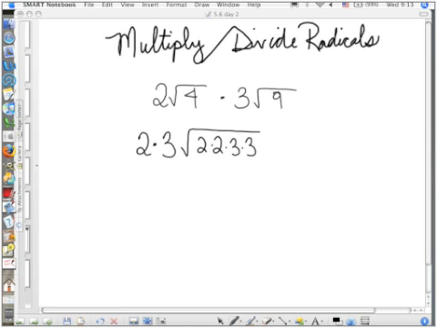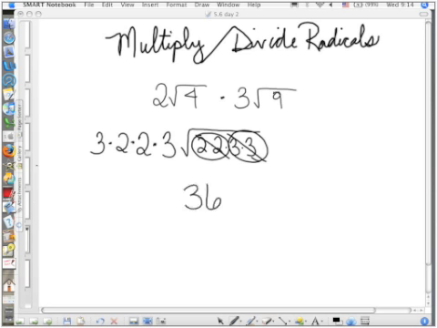This is, under the radical, the square root of 2 squared times 3 squared. Well, what can I remove from here? A 2 and a 3. Well, what do I do with that 2 and that 3 that I'm removing? I multiply them with what was already outside the radical. So the final answer here is 36.